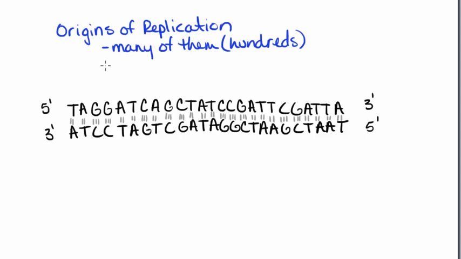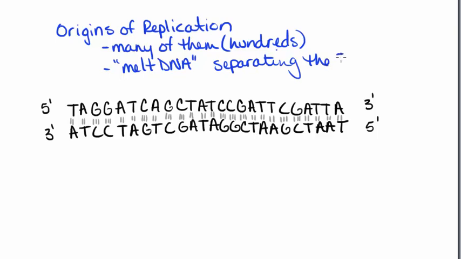At these origins of replication, specifically, what is going to happen is we call it melting the DNA. What that means is we are separating the two strands. We're going to have localized areas where the two strands actually separate from each other.